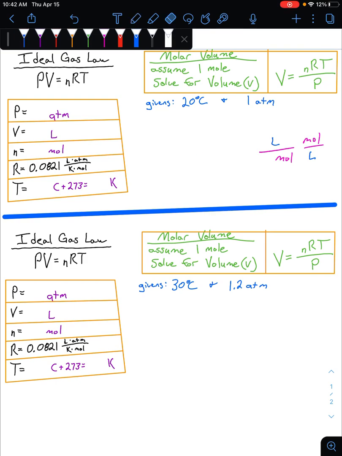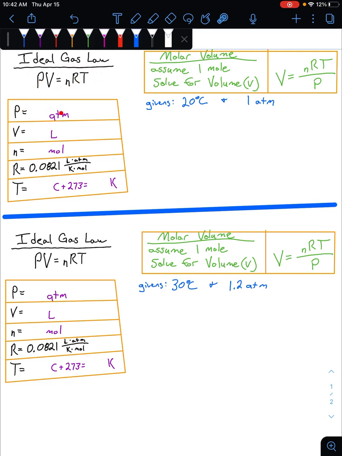So how are we going to get there? Well, we need the ideal gas law. PV equals nRT: pressure, volume, number of moles, gas constant, and temperature. I'm assuming you've watched the other few videos on this, so these are not new to you.